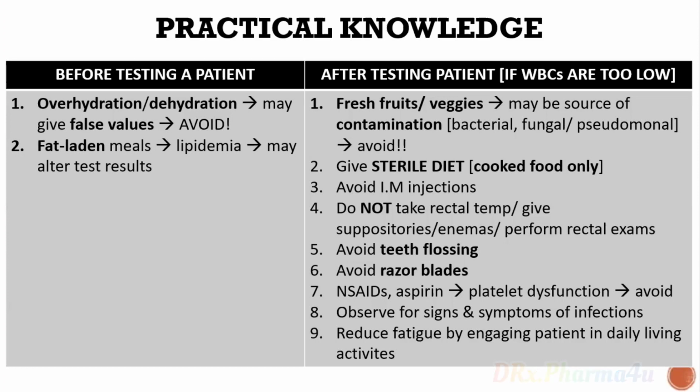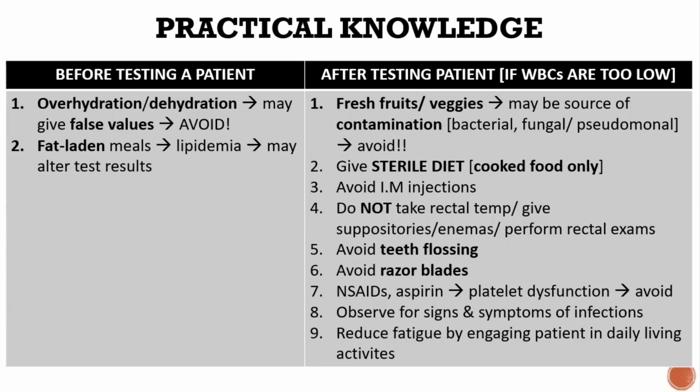For example, we have tested a patient and it has been found that the WBCs are too low. It can be granulocytopenia, in which neutrophils, basophils, or eosinophils are low, or it can be agranulocytopenia, in which monocytes and lymphocytes are low.